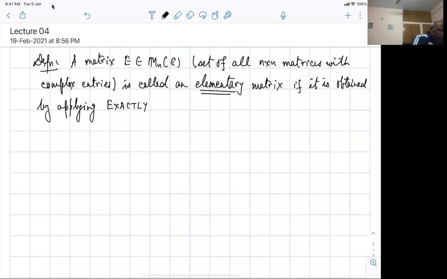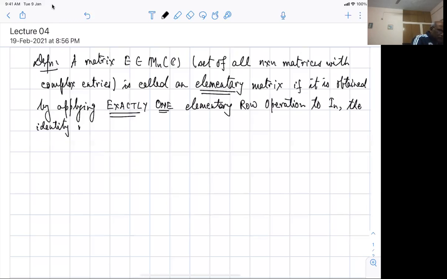Exactly one elementary row operation to the identity matrix of size n. All right. So what are the things?